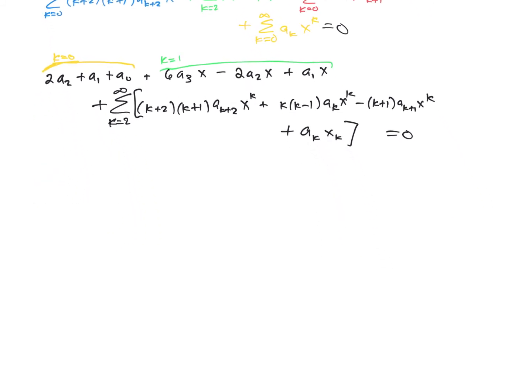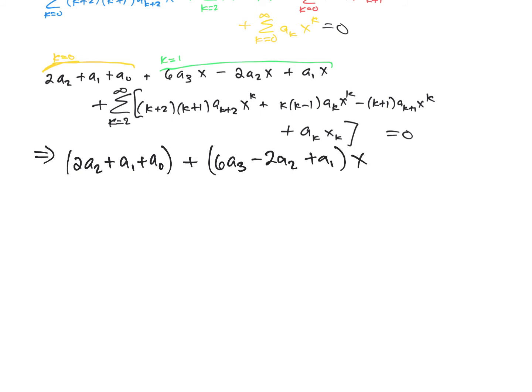So let's simplify this now. And we get a bunch of terms without any x's. So 2a2 plus a1 plus a0, plus a bunch of terms in front of an x. So 6a3 minus 2a2 plus a1, x, plus, now we can pull the x to the k out of everything in the brackets there.